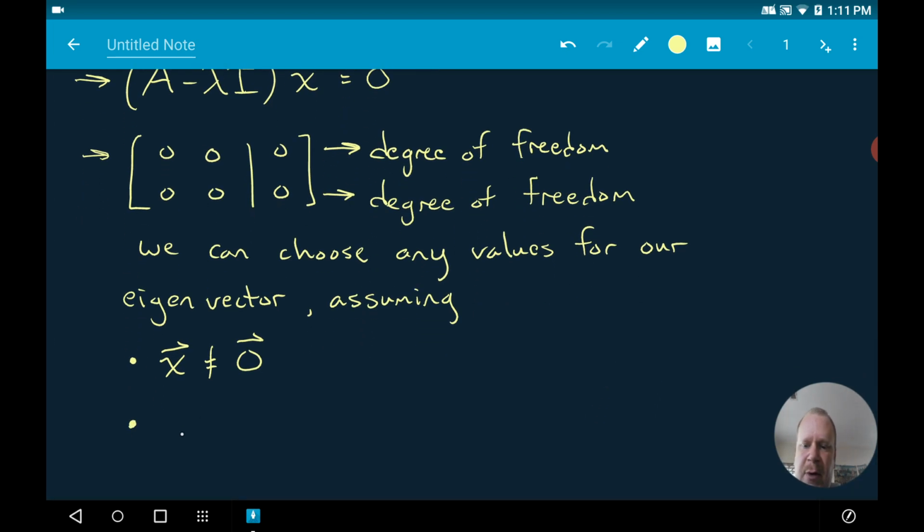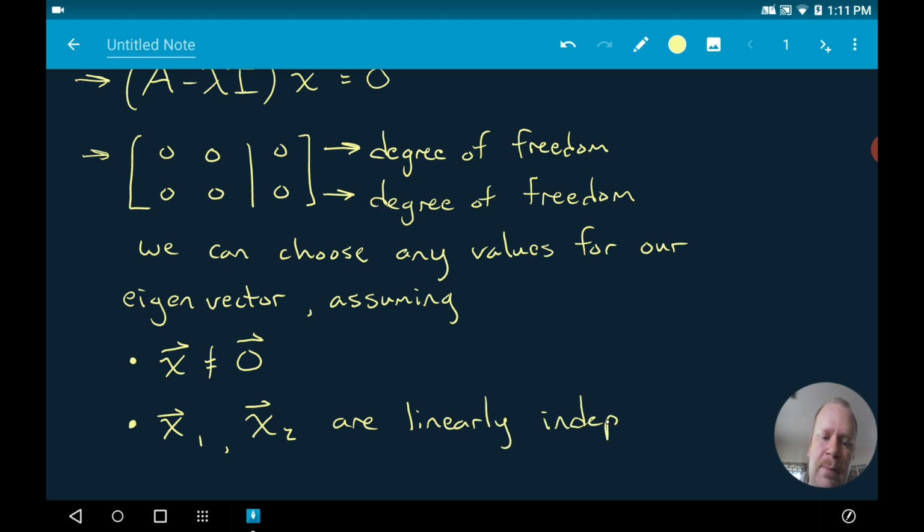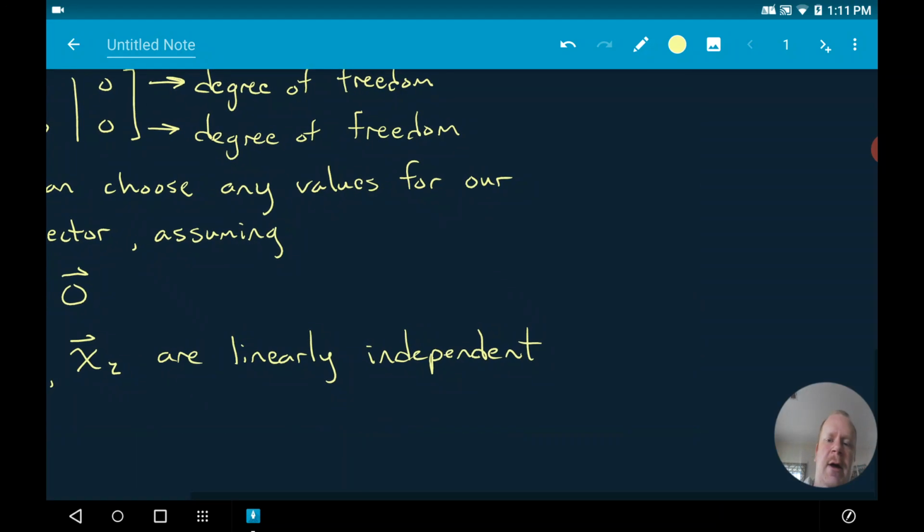And we also want to make sure that the eigenvectors x1 and x2 are linearly independent.